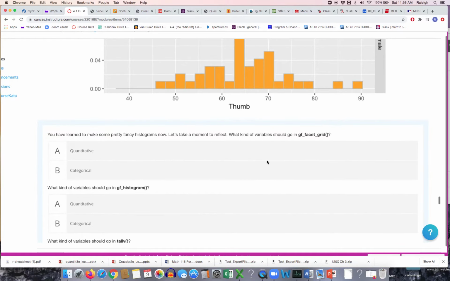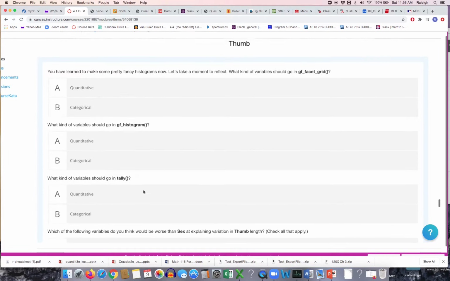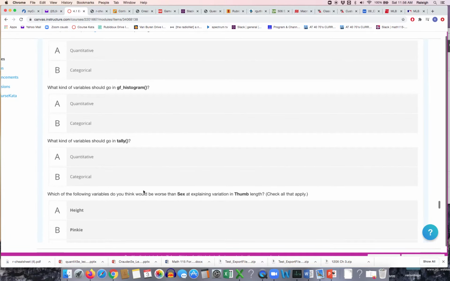So we have a few multiple choice questions. Let me see if I have a few comments on them, not to answer them for you, but you've learned to make some pretty fancy histograms now. Let's reflect. What kind of variables should go in facet grid? This is meant for the categorical variables. But histogram, on the other hand, is just the opposite of that. Tally gets us back to categorical variables again.